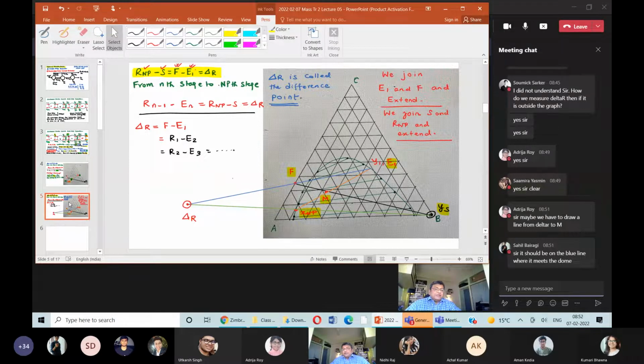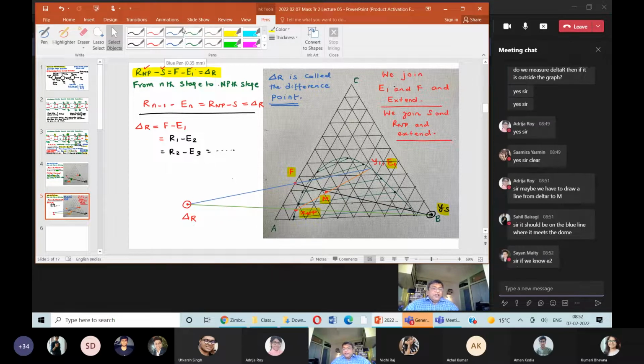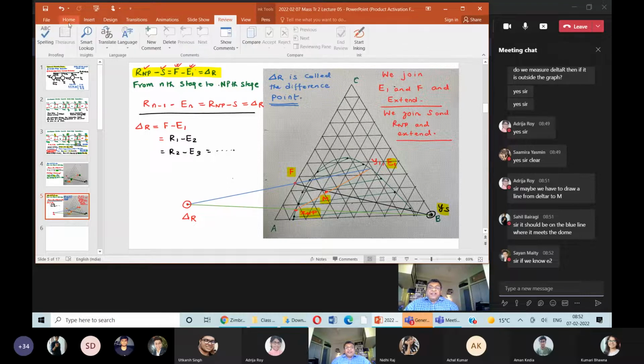No, it is not, because the blue line is drawn by joining E1 and F. Sahil, good attempt, but not. What all of you are missing is that we do not know E2 also, Shayon. There will be a tie line passing through E1, right? There has to be.